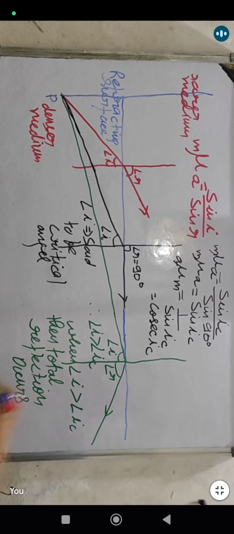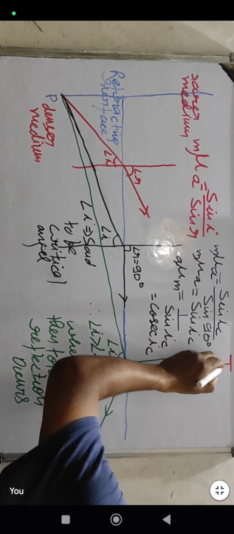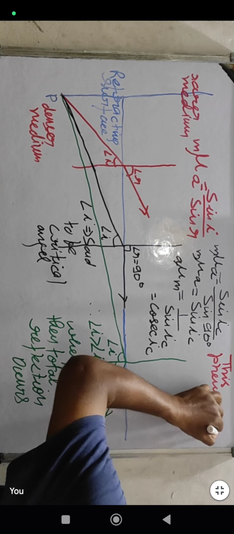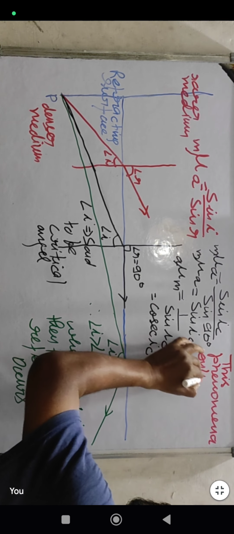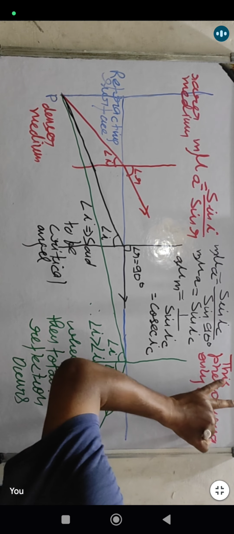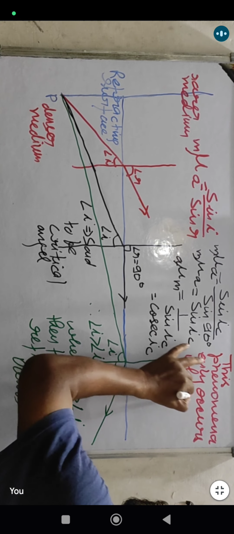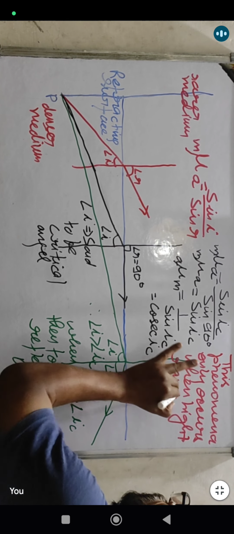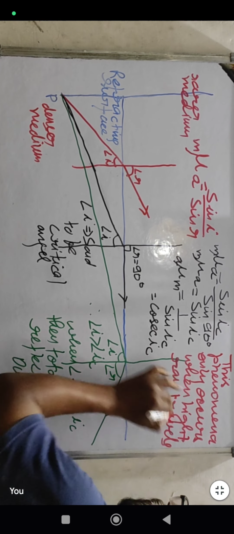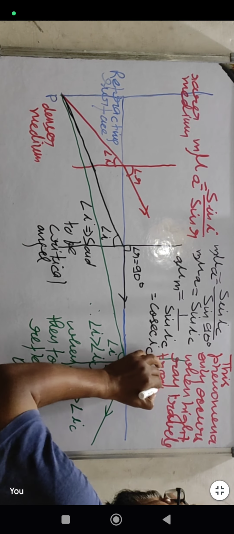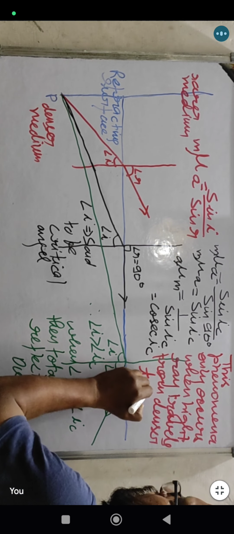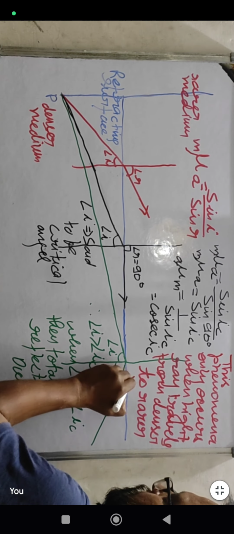This phenomenon only occurs when a light ray travels from a denser to a rarer medium. Getting it?